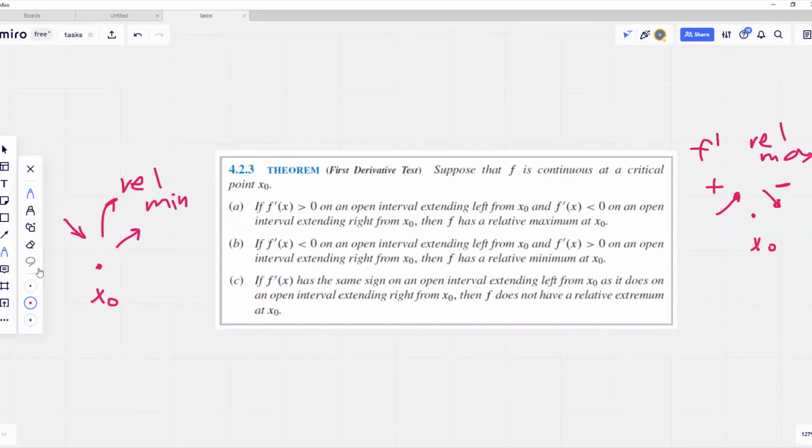And as we said before, if f prime doesn't change its sign over a critical point, for instance, if our function is increasing up to point x0 and increasing again afterwards, or decreasing up to point x0 and decreasing afterwards, then in this case, we have no relative extrema point.